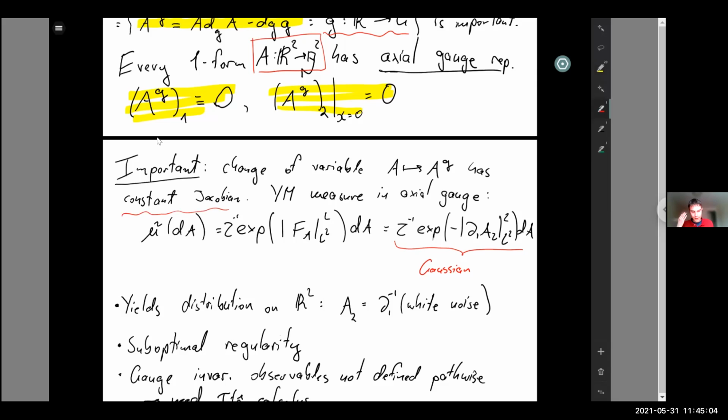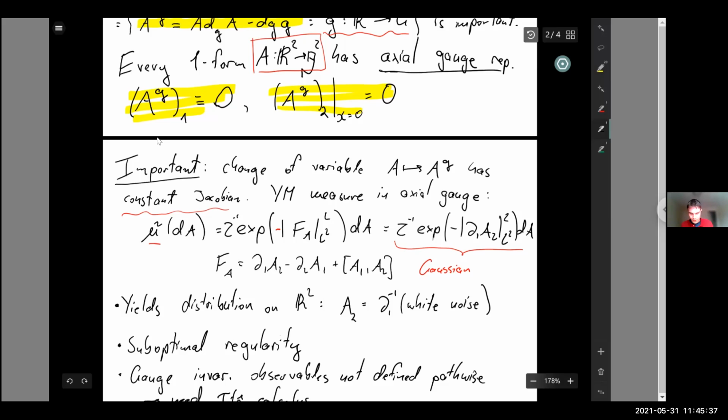So when you write out the Yang-Mills measure in the axial gauge, I've called this mu tilde here. Remember that it was given by this Gibbs type measure for the Yang-Mills action, which is the L2 norm of the curvature. Recall that the curvature looks like this: partial_1 A_2 minus partial_2 A_1 plus the bracket between them.